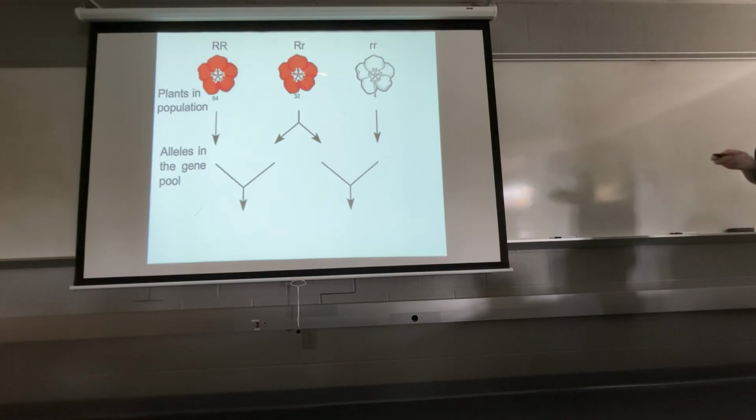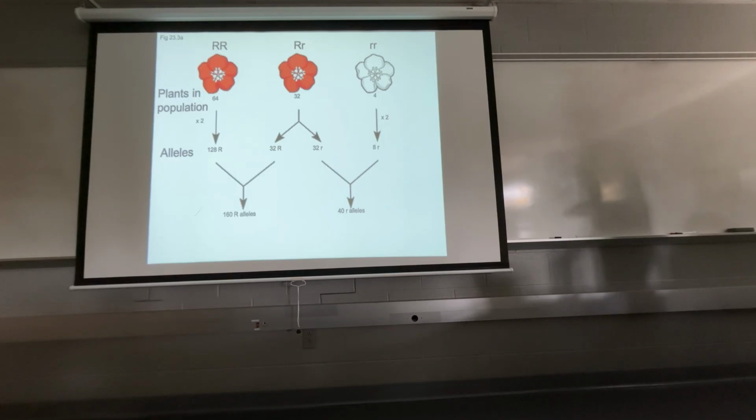To count alleles here, we simply multiply the 64 homozygous dominant by 2 to get 128, because they have 2 big R's. So that gives us 128 big R's. Same with our homozygous recessive. We have 4 of these, with 2 little r alleles each, so we multiply by 2 to give us 8.